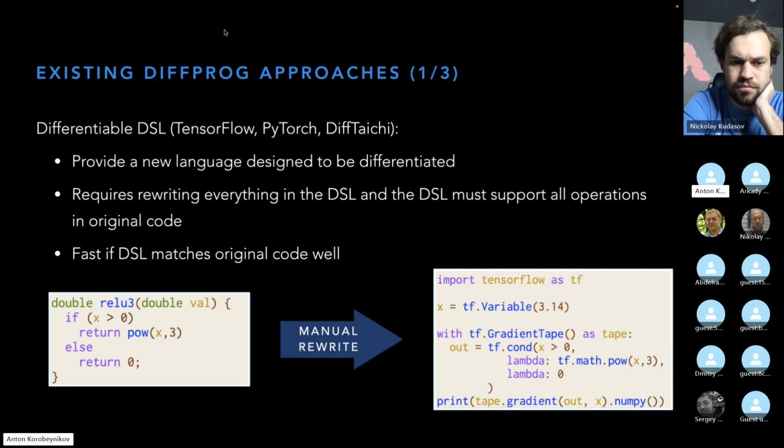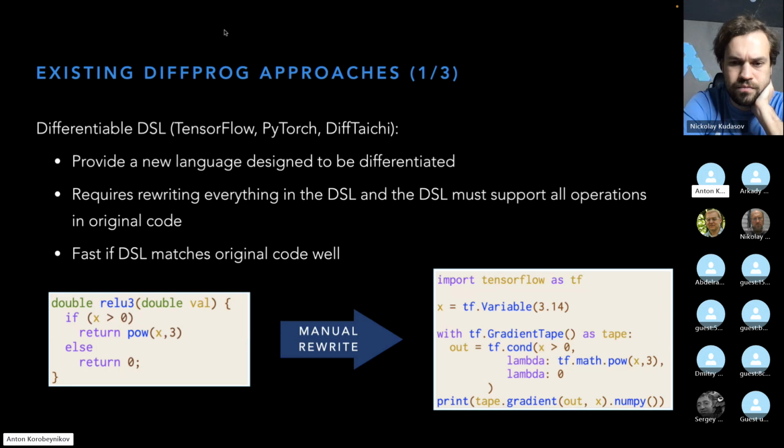Here is certainly one inherent problem: it requires rewriting everything using that domain-specific language. And certainly, we are limited to what this domain-specific language provides us. So it should support all operations in the original code.